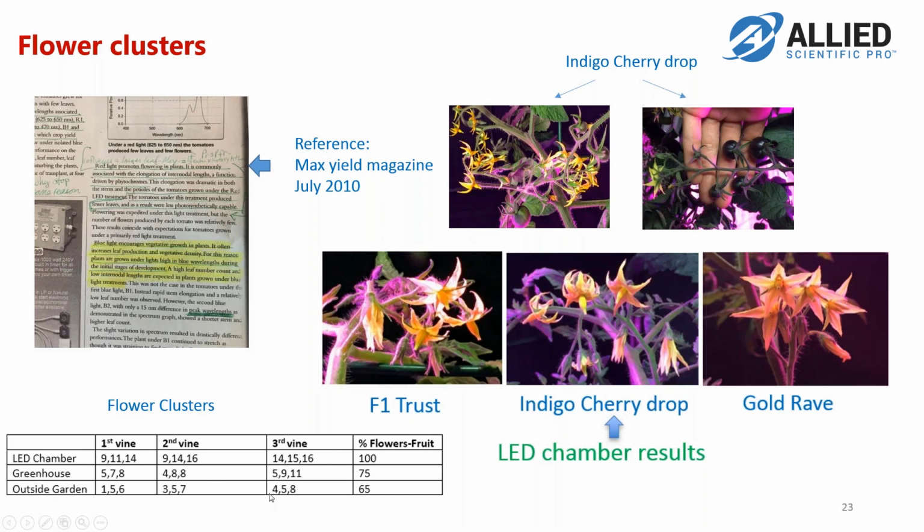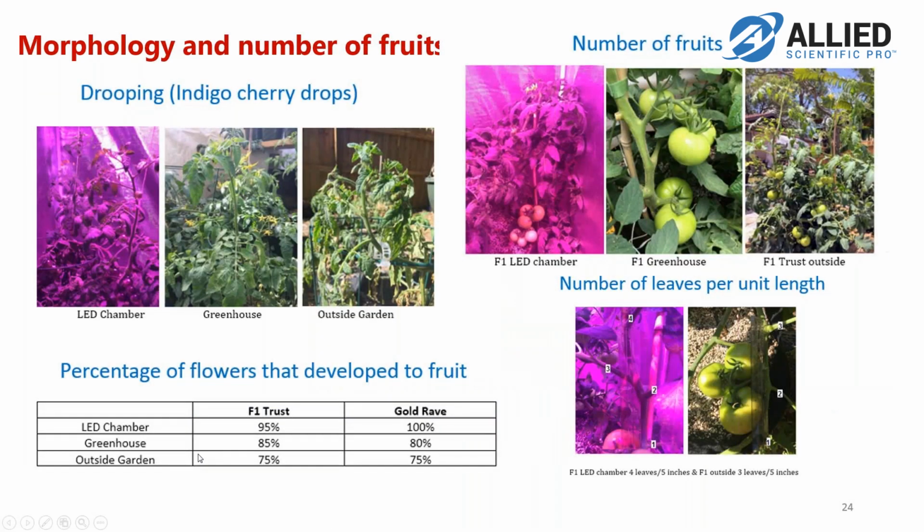And 100% of the flowers turned into fruits for the LED, but this did not happen for the other two environments. Here are also the three pictures: F1 Trust, Indigo, Cherry Drop, and Gold Rave. They all produce very nice flower clusters.